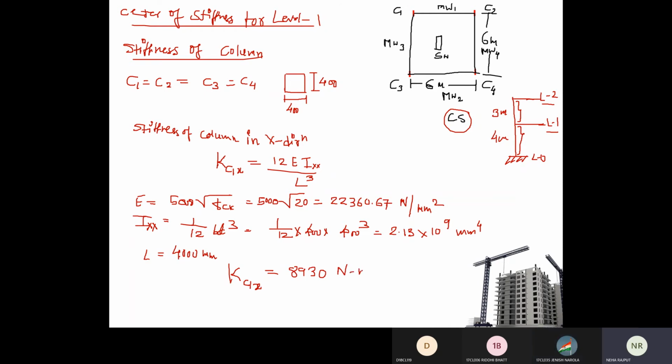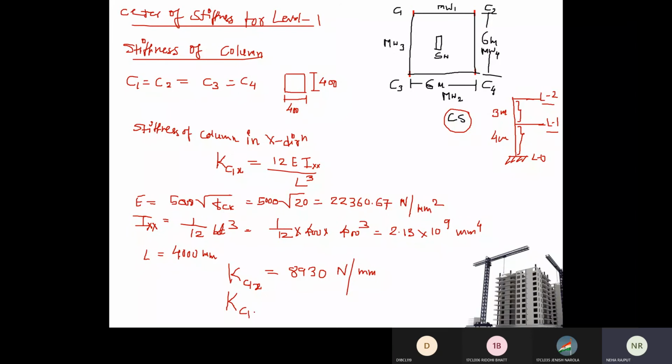Newton into mm, remember. Is it Newton per meter, Newton per mm, or Newton into mm? Newton per mm. Chalo.